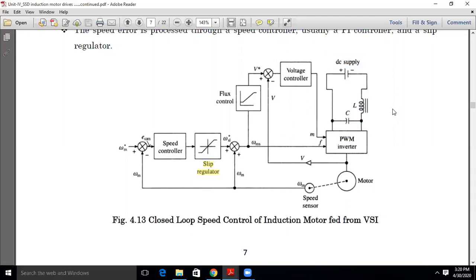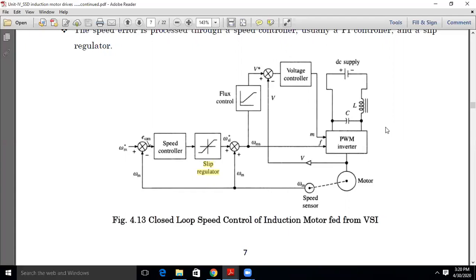Between the DC supply and the input of the inverter, we connect one LC filter. This is to remove ripples in the DC supply. After removing the ripple, we connect the DC supply to the PWM inverter.